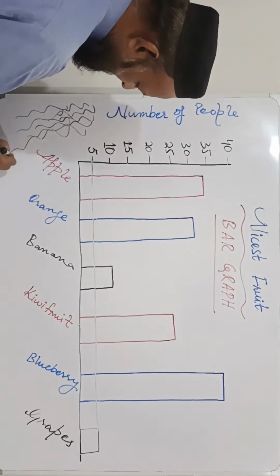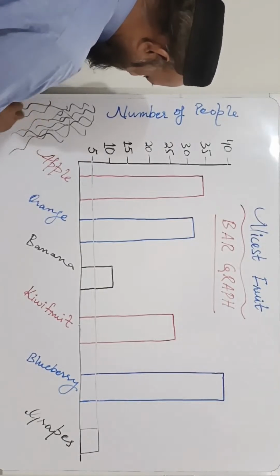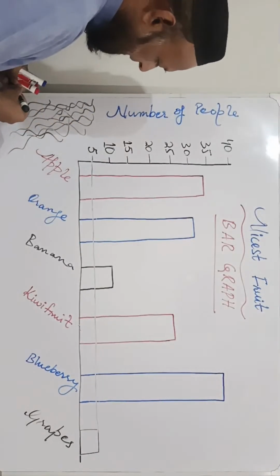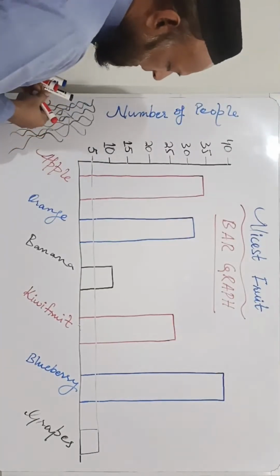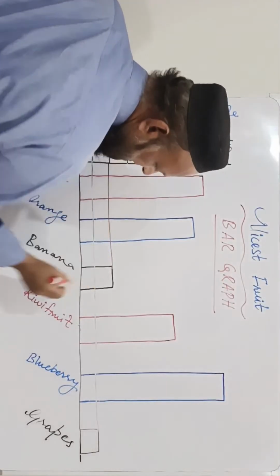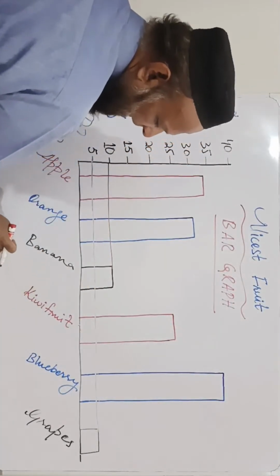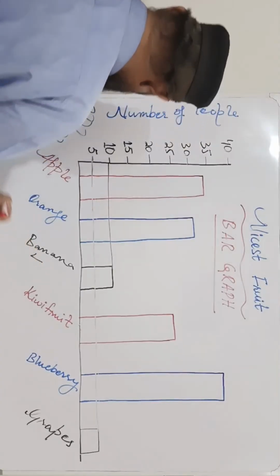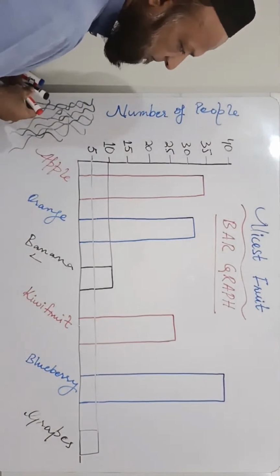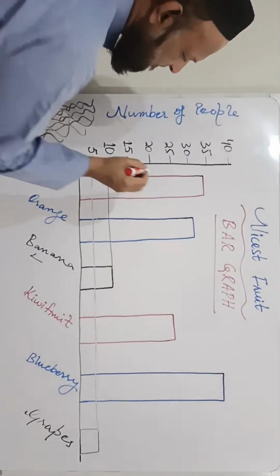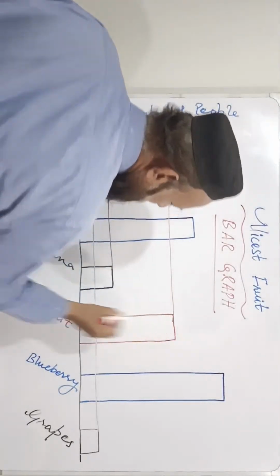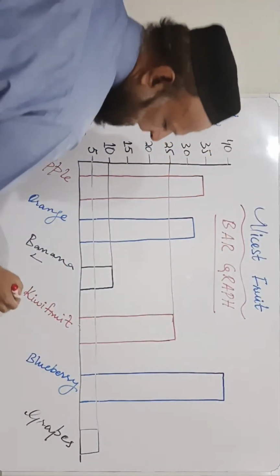This is a data sample in which 5 people like grapes, then 10 people like banana, and then 25 people like kiwi fruit.